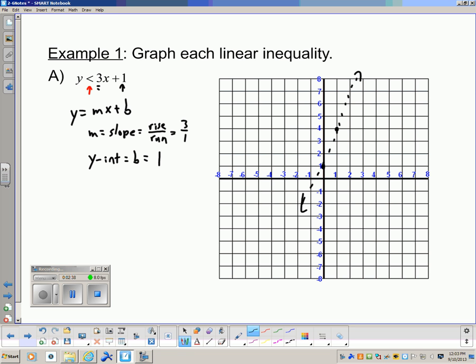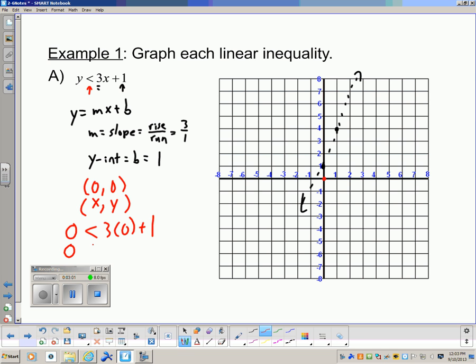So to do that, just pick a point that's not on the line. A point that's not on the line is clearly 0, 0. So I'm going to pick 0, 0, and I'm going to put 0 in for x, and 0 in for y up here. I'm going to see if this holds true.